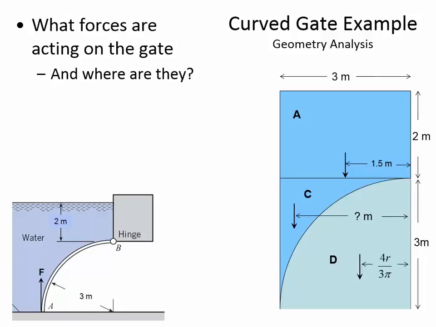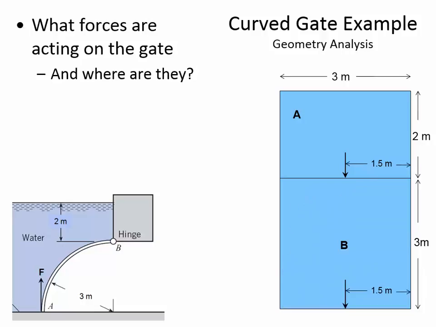So now we've broken that overall piece of B into two parts, C and D. D is a quarter circle, which we know how to find the area for. We know how to find the location of the force for a quarter circle, but what we don't know is the area or the location of the force for this element C. And so we can do it by superposition and subtraction.